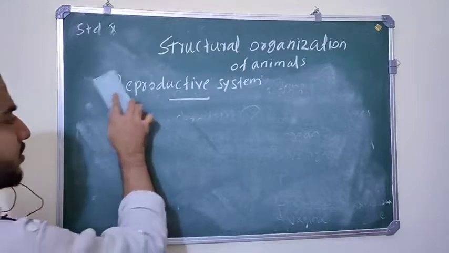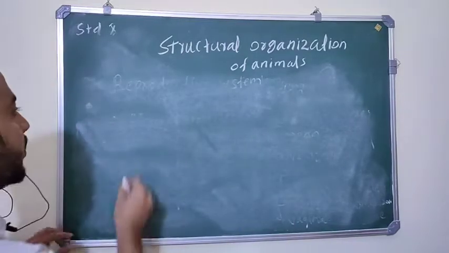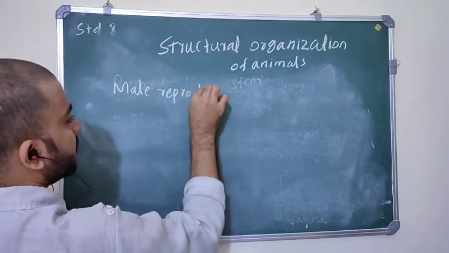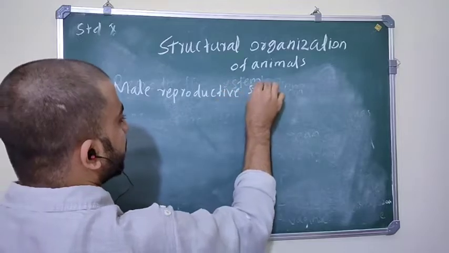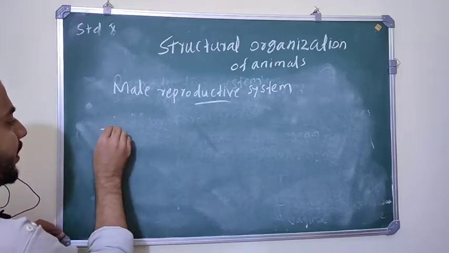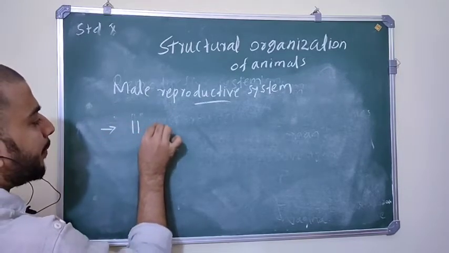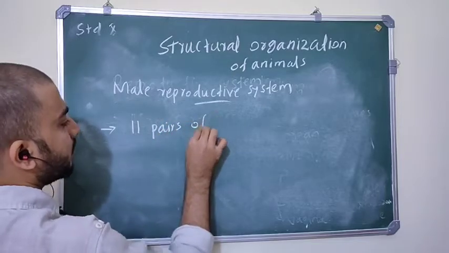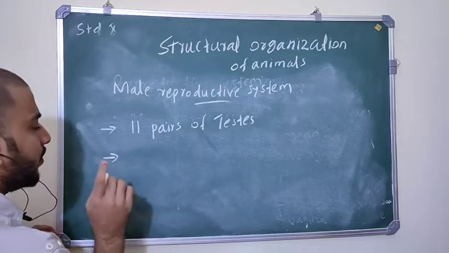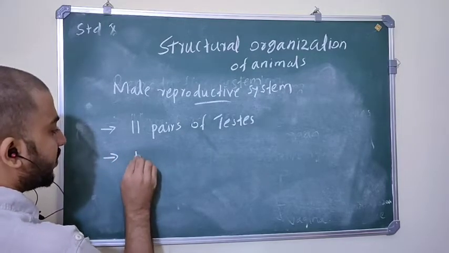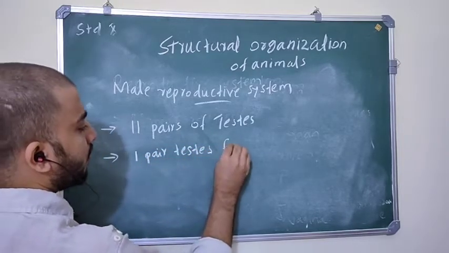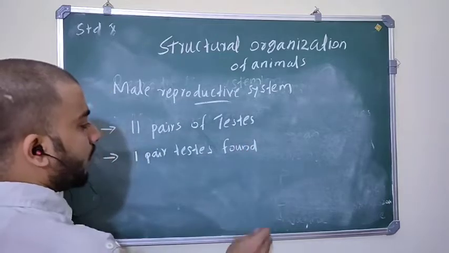So coming to the male reproductive system, leeches have 11 pairs of testes, and each pair is found in one segment. That means one pair of testes is found in one segment.